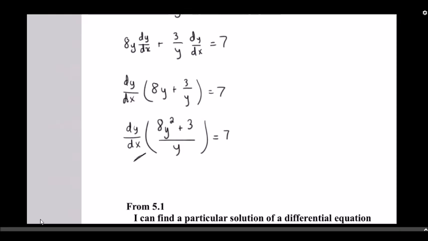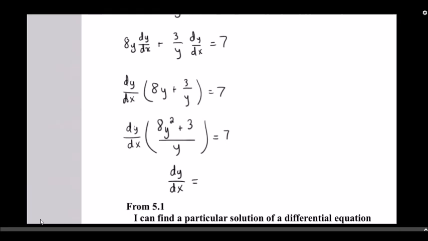So now I want to get this dy dx all by itself, because I want to end up with dy dx equals. So that means this term here has got to move over to the side. So since this is a fraction, one way you can move a fraction to the other side of an equation is to multiply by the reciprocal.